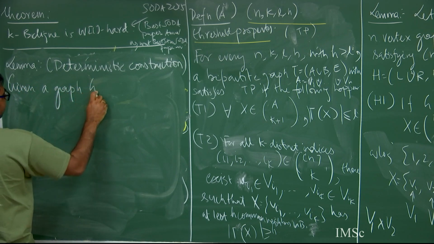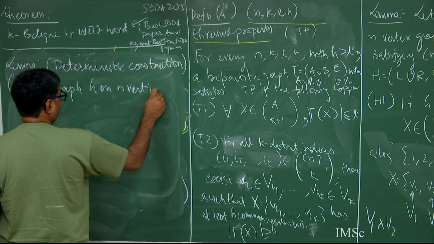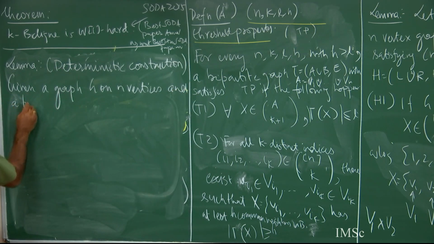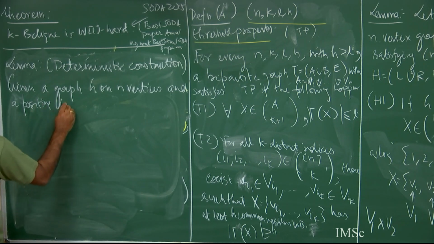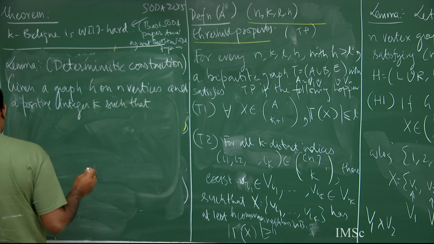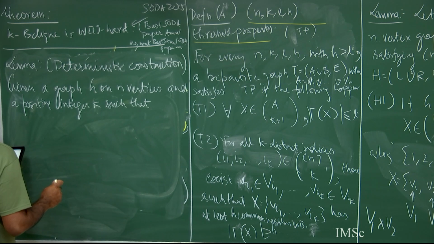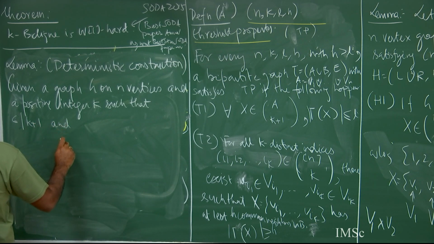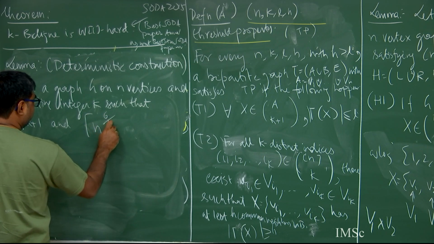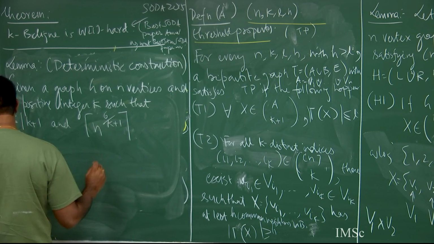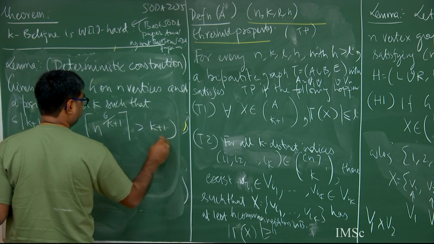Given a graph G on n vertices and a positive integer k, such that 6 divides k plus 1, and n to the power 6 divided by k plus 1 is greater than or equal to (k plus 1) factorial.